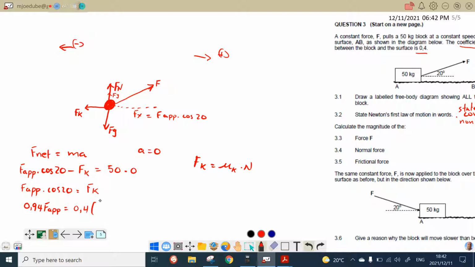So my Fg is going to be equal to 50 times 9.8. So that's Fg, that's mg, minus Fy. The Fy is F sine 20.